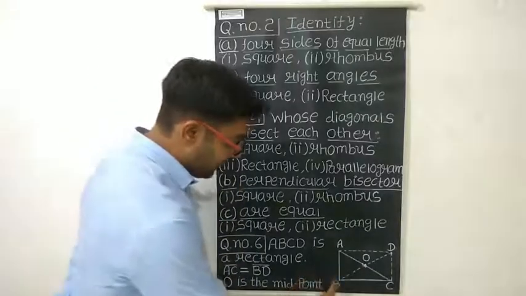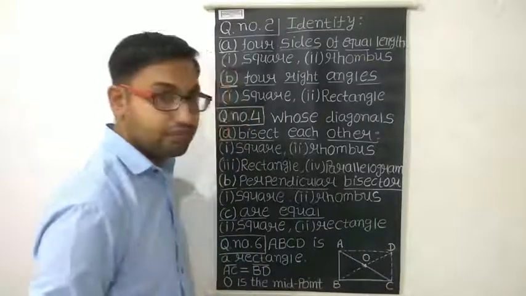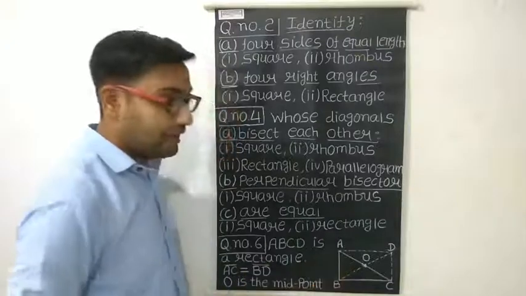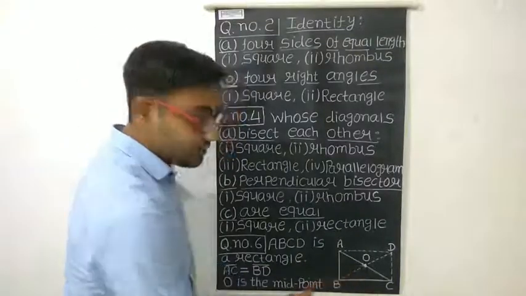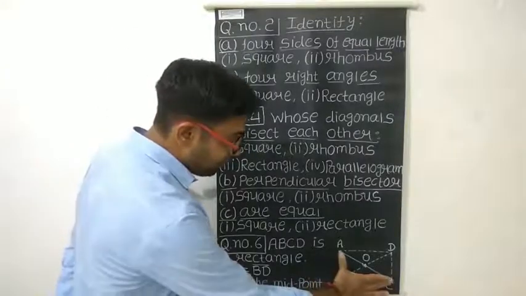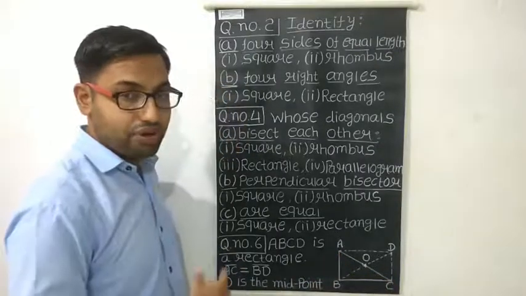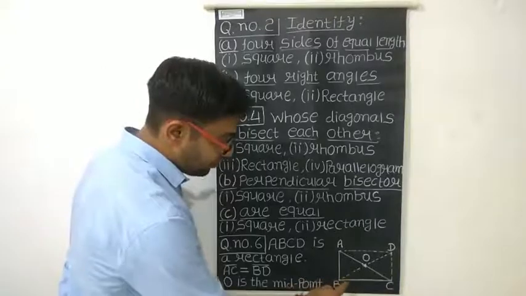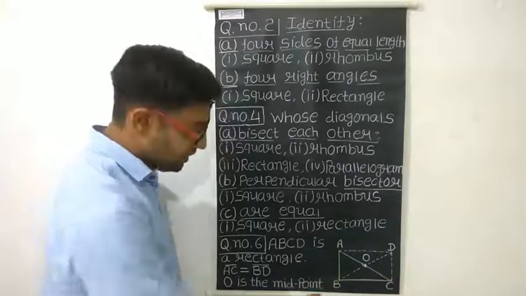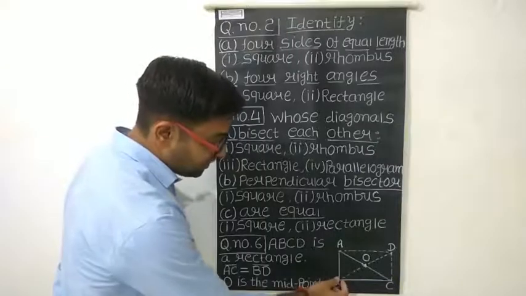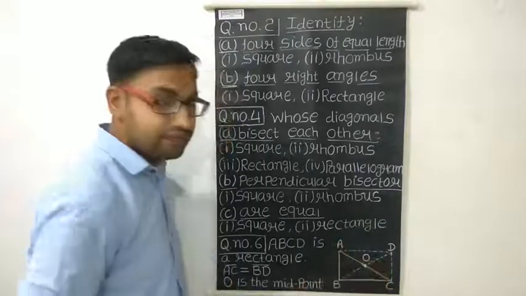We have given a right angle triangle ABC and B is the 90-degree angle. Right? One point O is given as the midpoint of this hypotenuse. Hypotenuse means the side opposite to the right angle. Here B is the 90-degree angle, so the opposite side of this angle is AC.